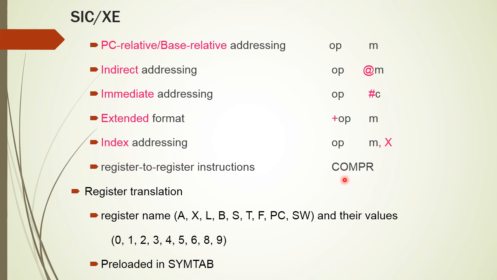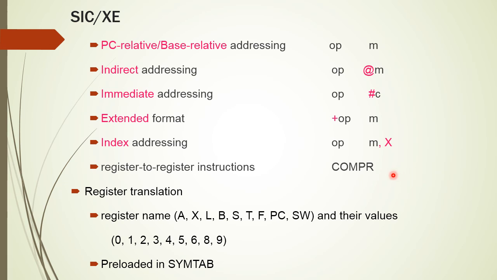Instructions with no operand generally belong to format 1, but only six such instructions belong to format 1. Other instructions, like compare, with no operand belong to format 2, that is, register to register instructions.